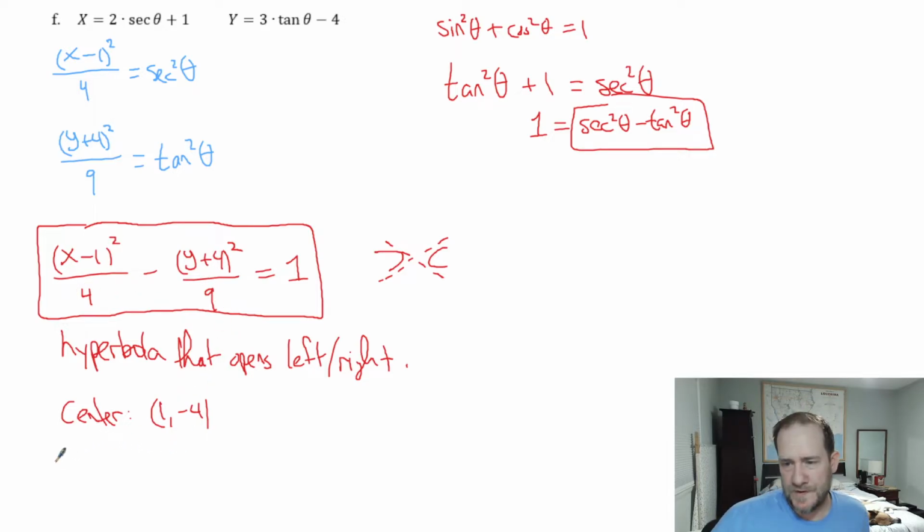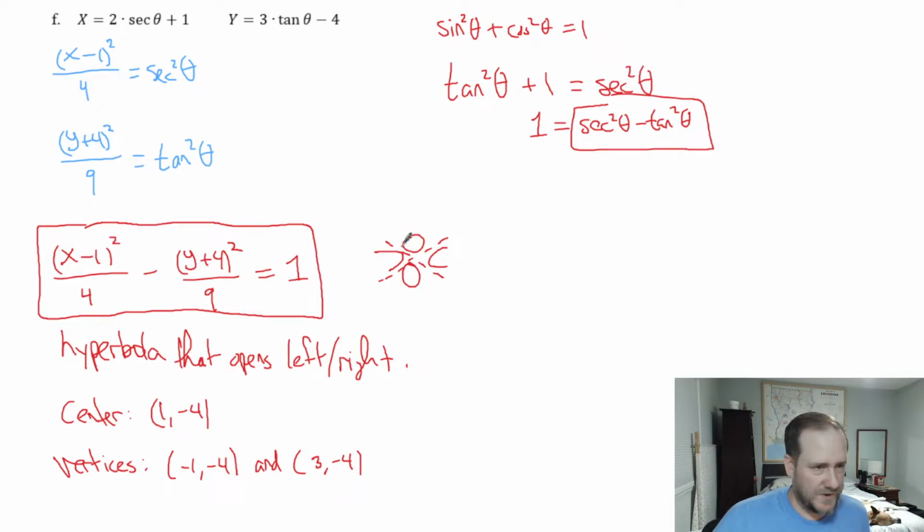So that would mean the vertices of our two hyperbolic branches are 2 units left and right of our center. So negative 1, negative 4, and 3, negative 4. For a hyperbola, there's no such thing as covertices. There's literally nothing up here to call a covertex. So once you've got the vertices, you're good.